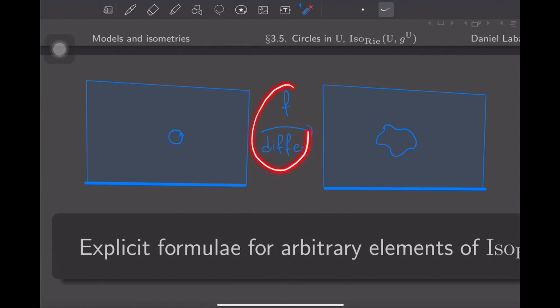So f is a diffeomorphism, so its derivative is invertible at every point. So it has non-zero determinant at every point, and then one would have to prove that the determinant is either always positive or always negative, no matter at which point I take the derivative of f.